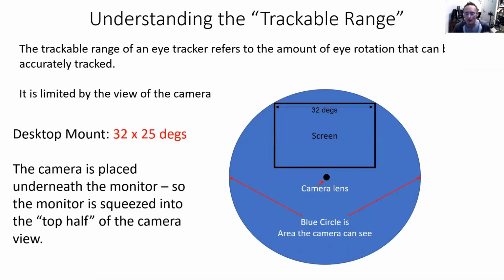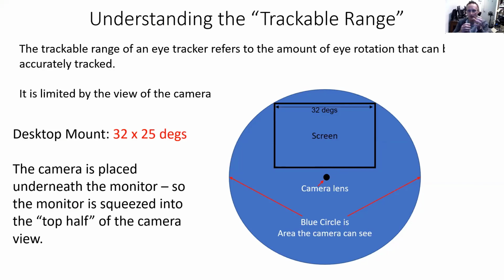So what am I talking about when I'm talking about the trackable range of the system? You can think about it as a circle that's centered on the camera lens. Typically in a desktop mounted system, the camera is going to be down here beneath the screen. The trackable range is basically how much the eye can rotate and that rotation still be seen and interpreted by the camera.